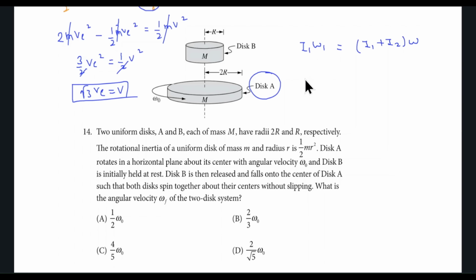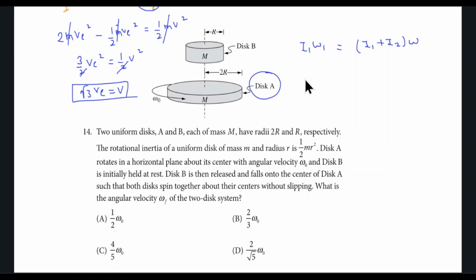Okay, this is just a matter of decoration. So 2 square is 4, 4 over 2 is 2. So 2mr square omega naught will be equal to, 4 over 2 is 2 again, (2mr square plus half mr square) omega. 2 plus half is 5 over 2, so 5 over 2 mr square omega should be equal to 2 mr square omega naught.